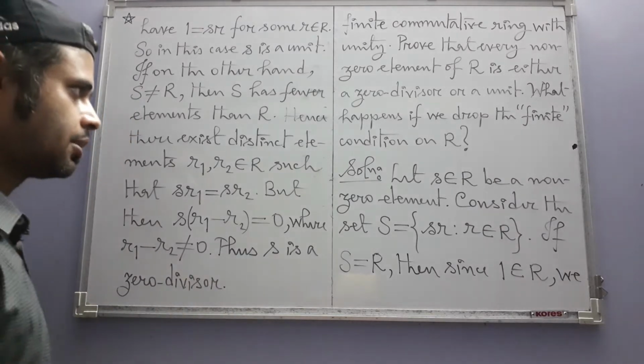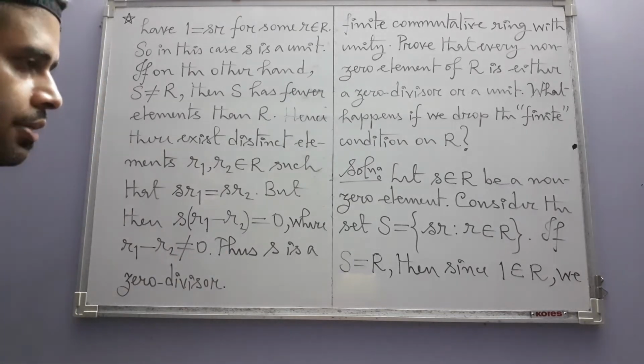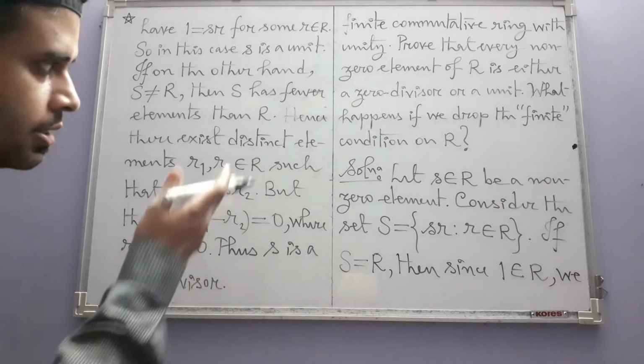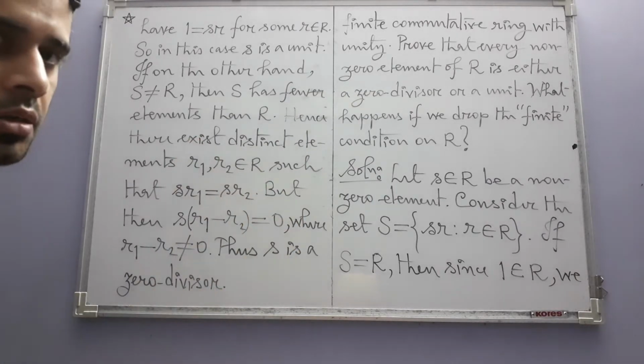Now, if we drop the finite condition on R, then we can again take the ring of integers, where we have already seen that this property is not there.